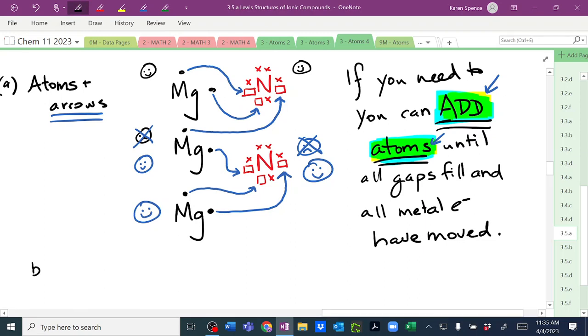So our formula, oh, no, not our formula yet. Now we need to do our ions. And there's two choices for how you can do this.